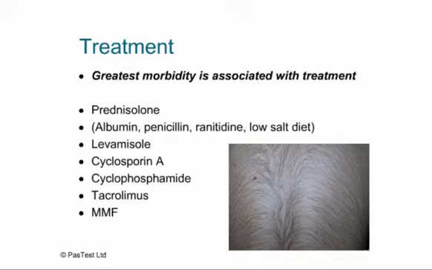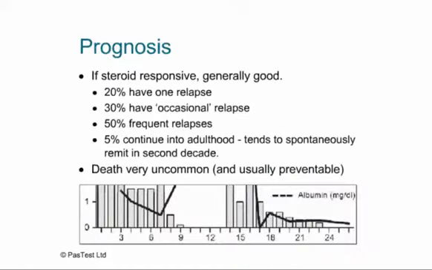But we must never forget that the greatest morbidity associated with this disease relates to the treatment rather than to the underlying nephrotic syndrome. The prognosis in nephrotic syndrome is generally very good. 20% of individuals will only have one relapse. 30% will have an occasional relapse, which is somewhere between one relapse and the definition of frequent relapses. And 50% of individuals will have frequent relapses.